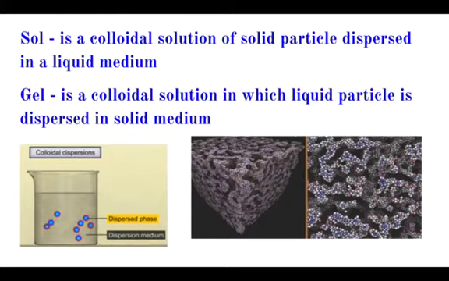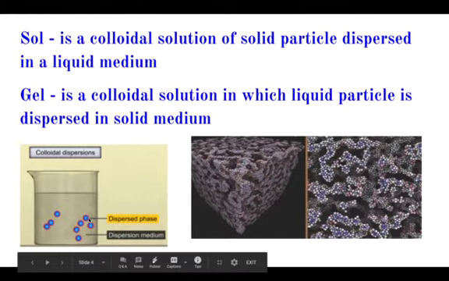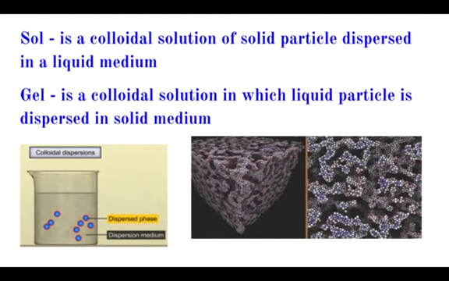Sol is a colloidal solution of solid particles dispersed in liquid medium. So here solid is the dispersed phase and liquid is the dispersion medium. Whereas gel is also a colloidal solution in which liquid particles are dispersed in solid medium.